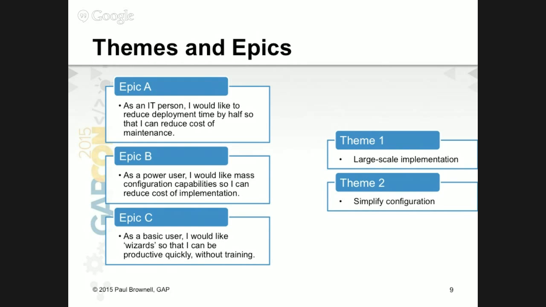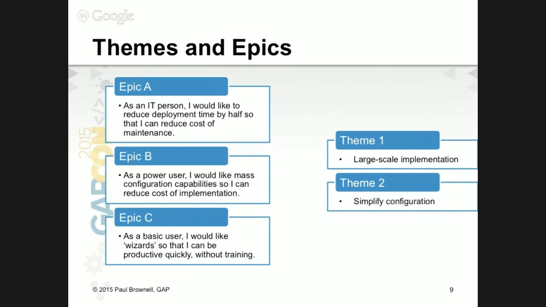For a power user, simplifying configuration means mass configuration. I can write a script and run it, and it will configure 5,000 systems at once from a central location. So as a power user, that meets the theme of simplifying configuration, but it's a very specific implementation, a specific feature.